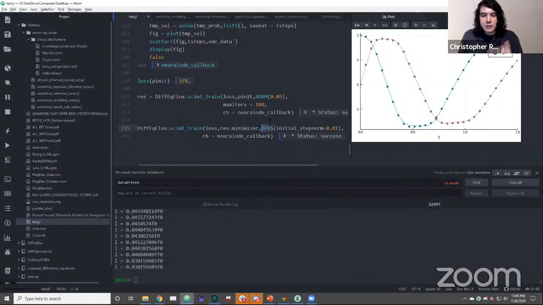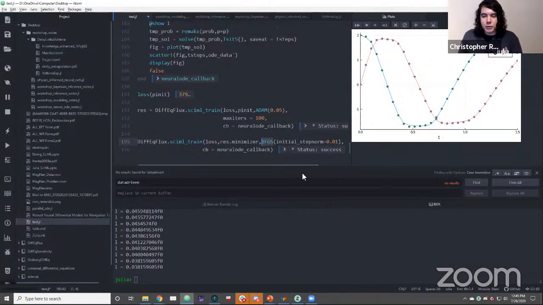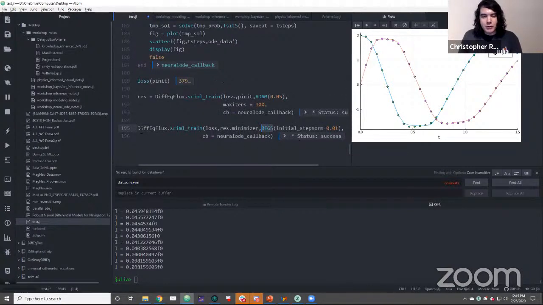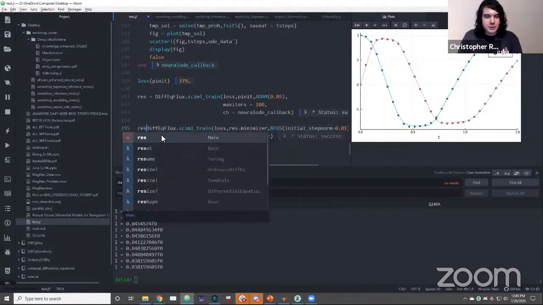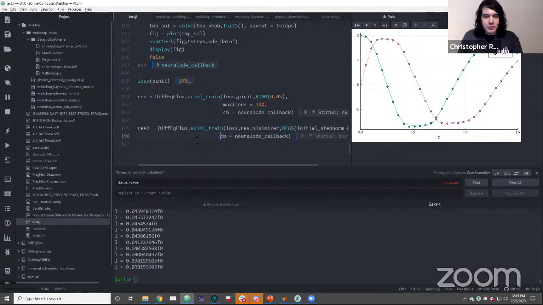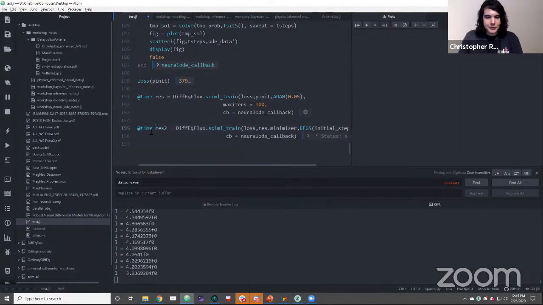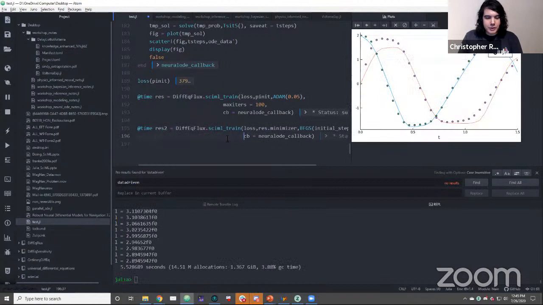So now let's start to optimize this workflow a little bit. How optimal was this? Well, what I want to point out first is you need to really watch out for how much you're printing. So if we time this, let's get a timing for our ODE. That took about 5 seconds to fit.